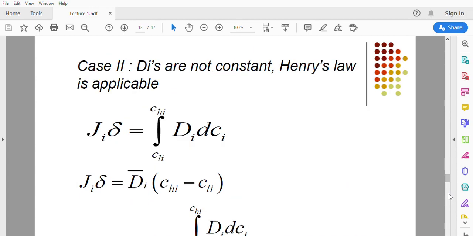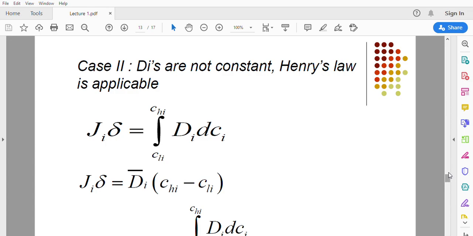Now we can consider case 2. In case 2, we assume that the feed species is present at a subcritical temperature, meaning the environment temperature is lower than the critical temperature, but the membrane is present at a temperature higher than the glass transition temperature. That means the environment temperature T is higher than the glass transition temperature.